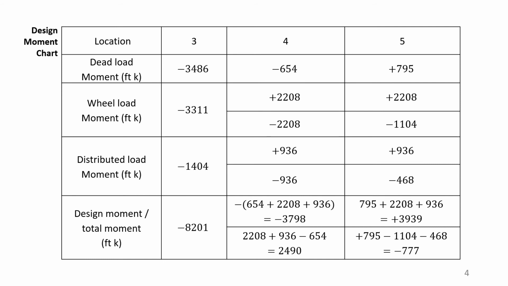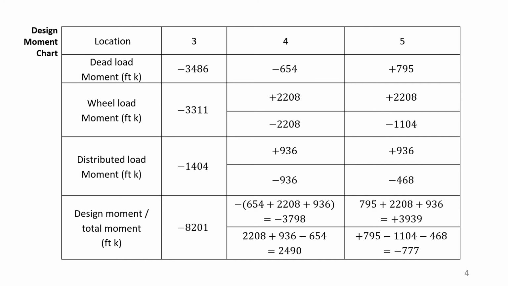At 5 there is 2208 and negative is 1104. We have picked these values from the previous page, and you can compare and check it.